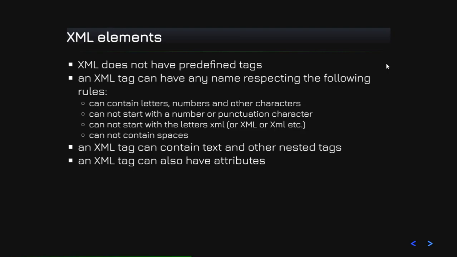It cannot start with the letters xml, lowercase xml, or uppercase XML, or a combination of lowercase and uppercase letters that form XML. It can also not contain spaces. So you can define whatever tag you want, but it should comply with these rules. An XML tag can contain text and other nested tags, and an XML tag can also have attributes.